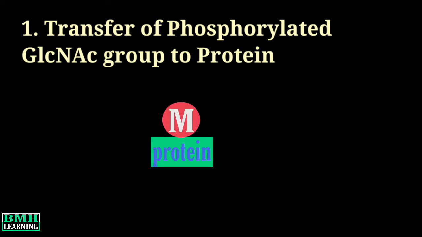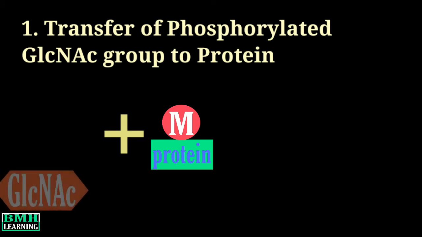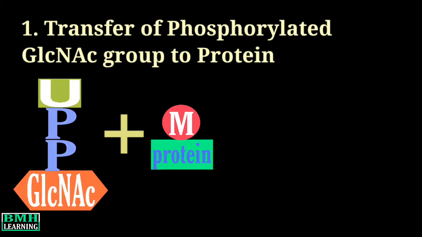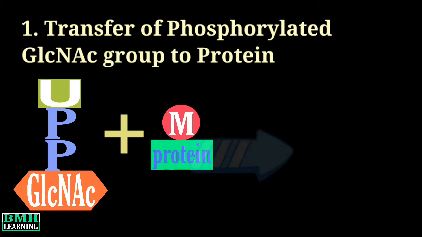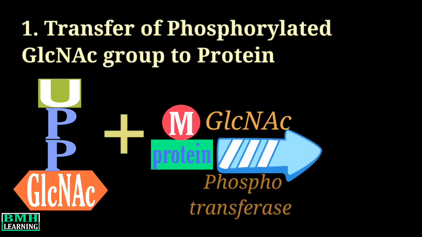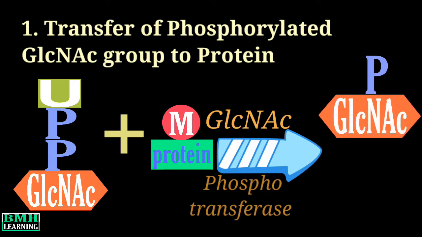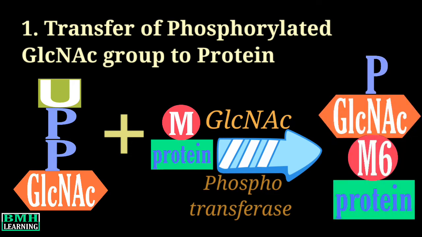So, this is our lysosomal protein which is joined by an N-acetyl glucosamine residue phosphorylated with the help of UDP. This reaction is catalyzed by the enzyme N-acetyl glucosamine phosphotransferase, which transfers a phosphorylated N-acetyl glucosamine residue at the 6th position of the mannose unit present on the protein.